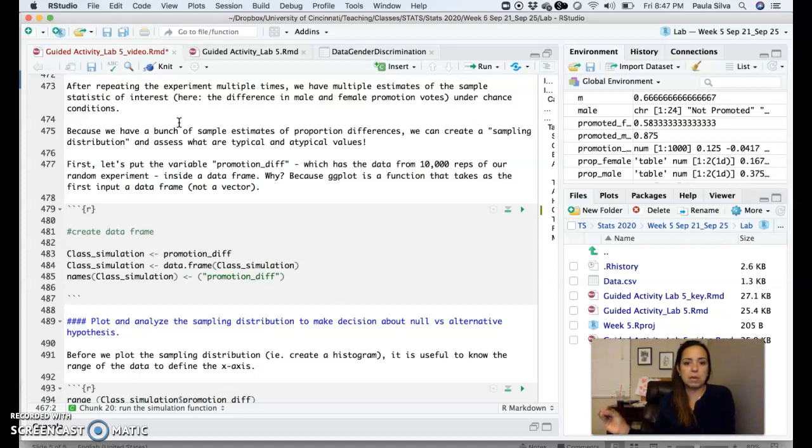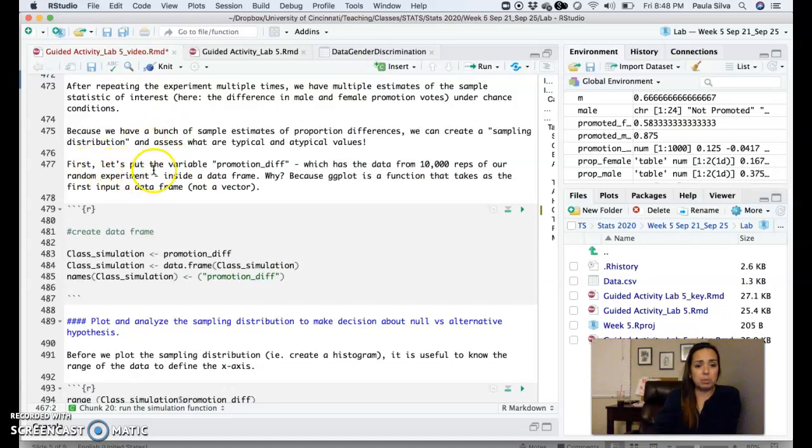Here, the difference in male and female promotion votes under complete chance conditions. You saw it. There was nobody making these decisions, so it was completely randomized. Because we have a bunch of sample estimates of proportion differences, we can now create a sampling distribution and assess what are typical and atypical values.